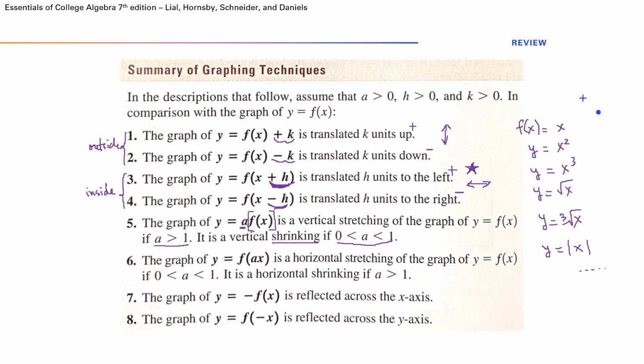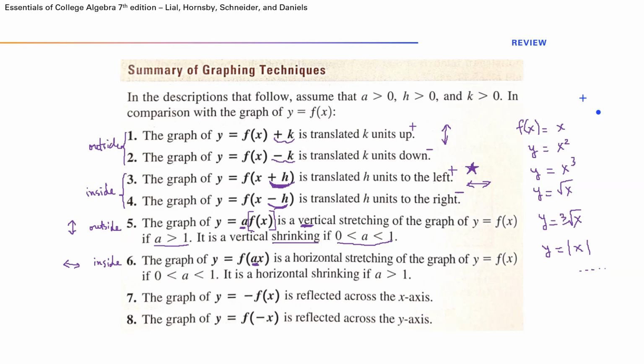Now for the horizontal, everything is relative to the vertical. Vertical is up and down, outside. This one is inside, so it's horizontal.